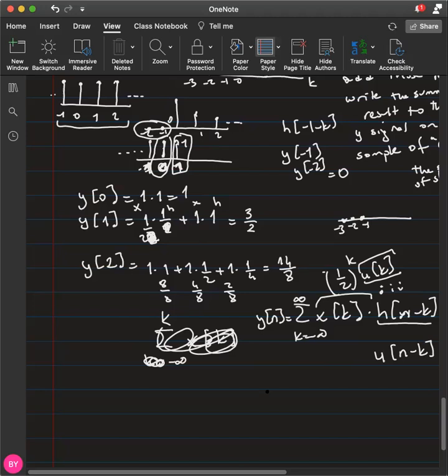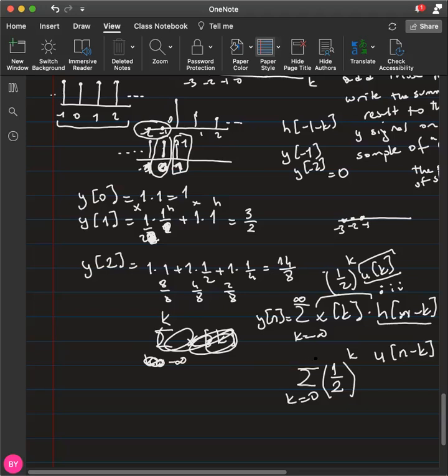Okay, so now if I write this like that, I will say 1 over 2 to the power k. Because this is u of k, k should start from 0, because this one says I can only have values after 0: 0, 1, 2, and afterwards. How about this point?